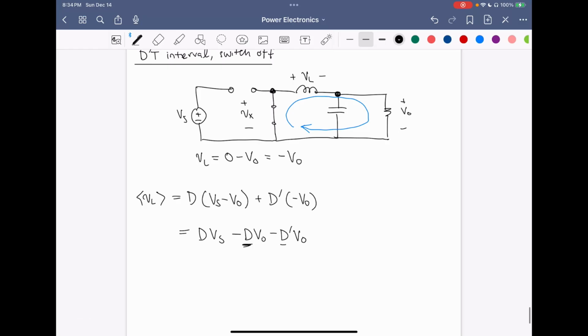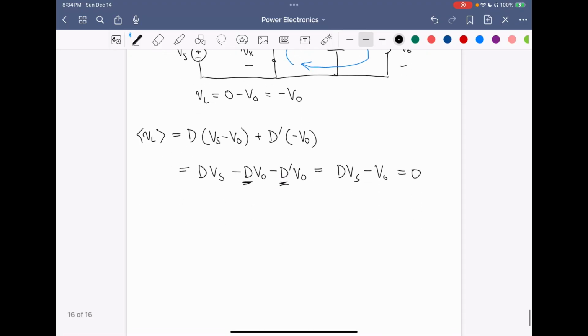Now, d plus d prime is just equal to 1. So we get d times Vs minus 1 times Vo, and this whole thing equals 0 by the inductor volt-second balance principle.